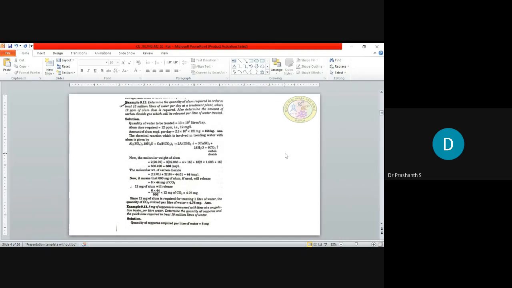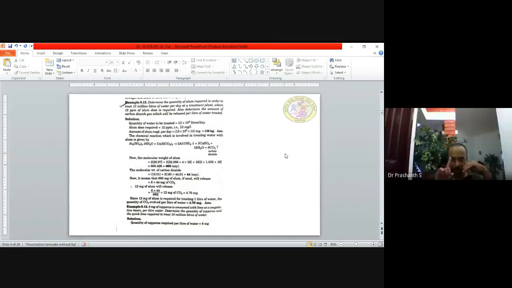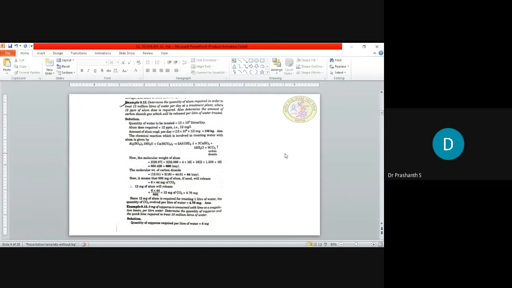That means 666 milligrams of alum used will release 44 milligrams of carbon dioxide, because the molecular weight of one part of aluminum sulfate, 666, produces 44 milligrams of carbon dioxide.